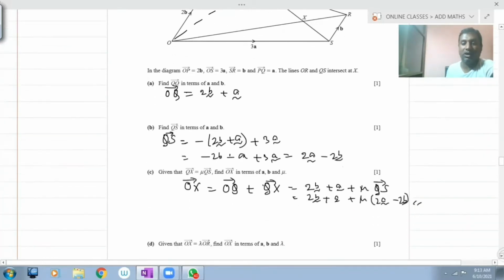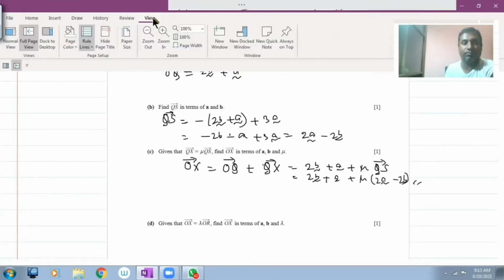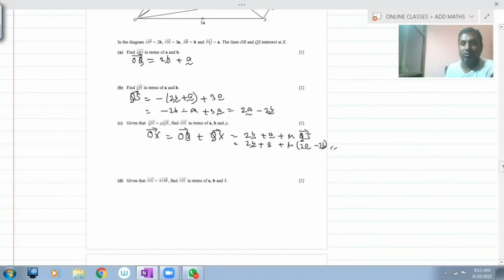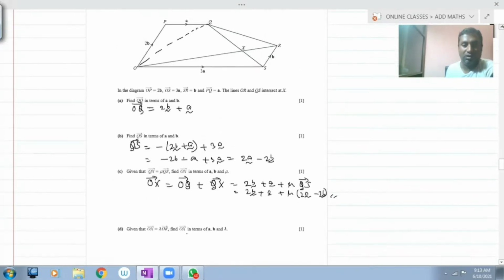Now this one is question D. OX equals lambda OR. We know what is given for OR. Let's see.